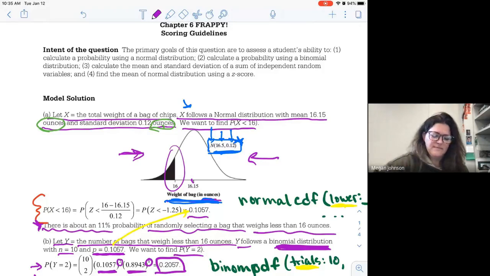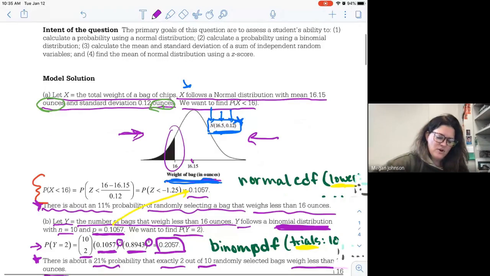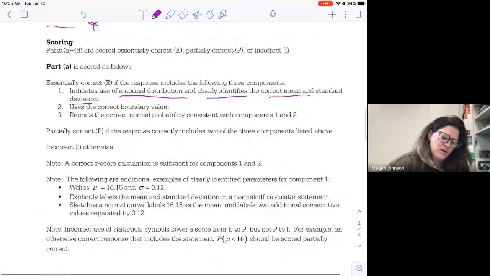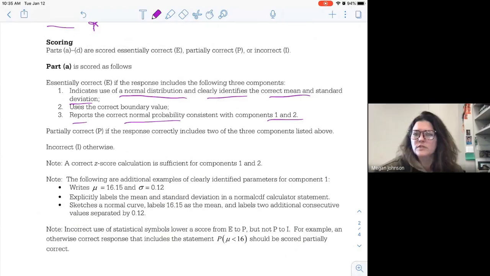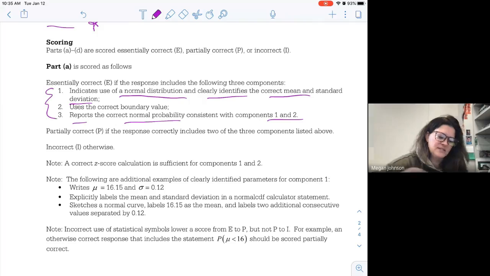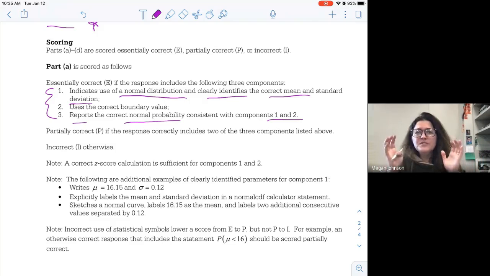And then the third component was reports the correct normal probability consistent with components 1 and 2. So then you report that probability of whatever it was, the 0.1057. Okay, these 3 pieces. Now remember, if you use that notation, the capital N with the parentheses and the mean and the standard deviation, and you have a picture drawn, technically that's enough.